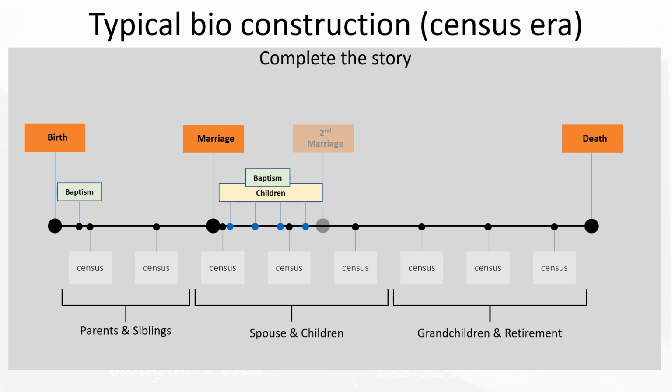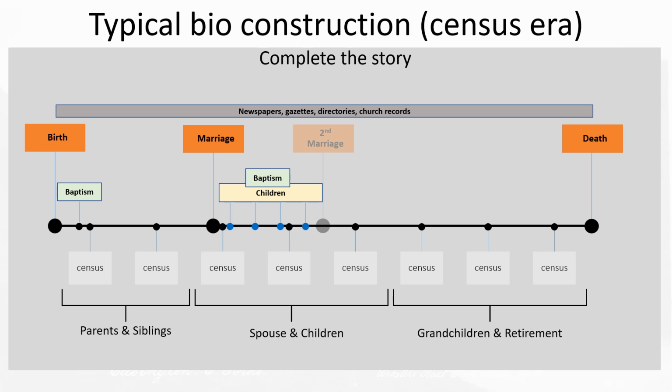As we know the location of our family members, we can research the availability of local newspapers, gazettes, and directories, and other types of church records to see if they are mentioned. Location and perhaps census records may indicate if a family member owned land, and the civil authority often holds land and deed records.